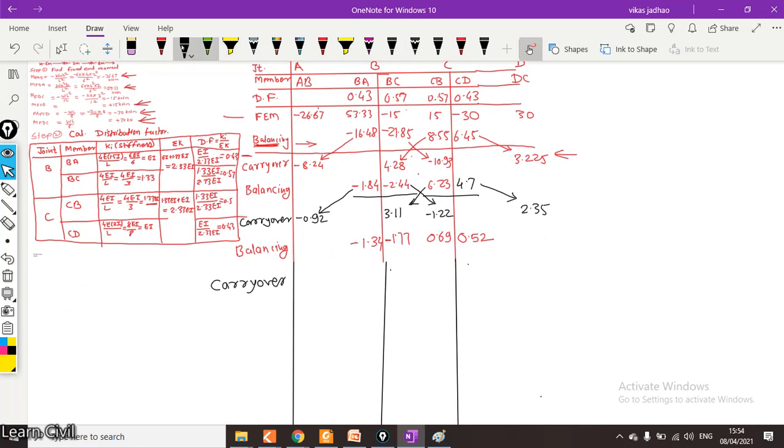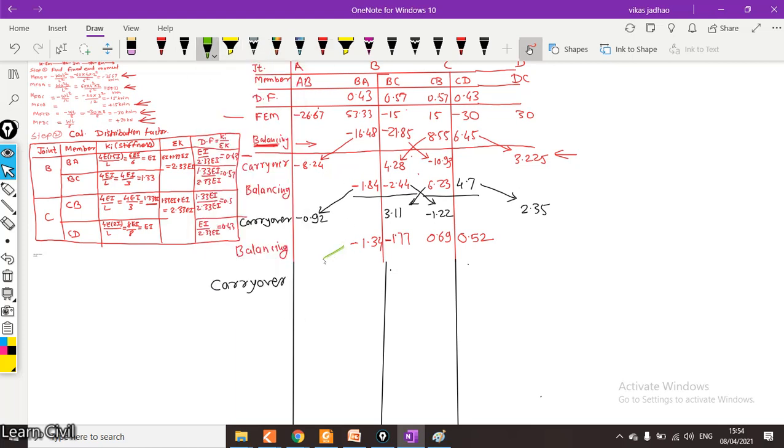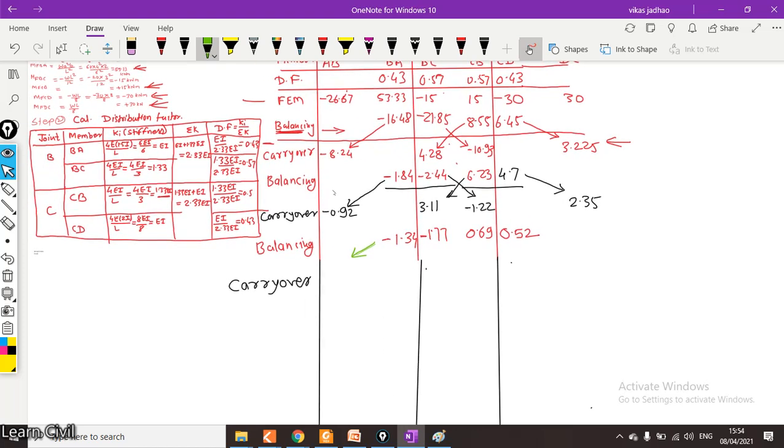Half of this moment will be transferred to AB, so this will be minus 0.67.